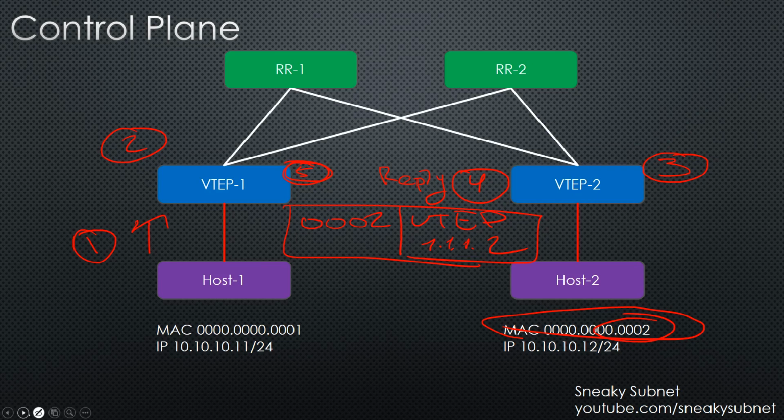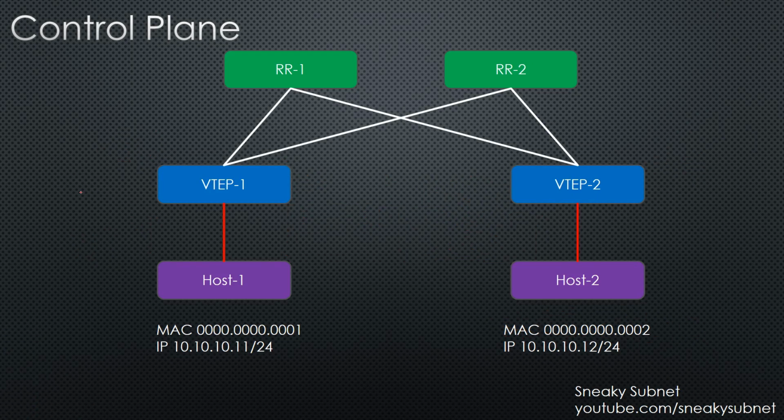So essentially at that point, VTEP number 1 knows that 0001 is local, and 0002 is behind VTEP number 2. And VTEP 2 knows that 0001 is behind VTEP number 1, and 0002 is local. It is behind this port.